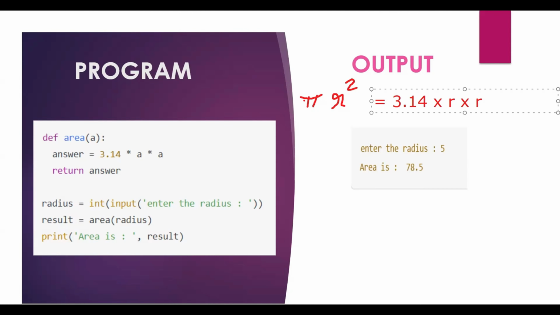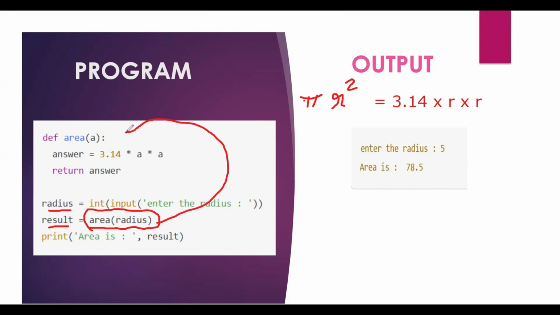into radius, right? So this is the equation to find the area of a circle, okay? If you want to find the area of any circle, you only have to know the radius of that circle, right? So here I am asking the user to enter the radius, and after that I have created a variable result. Result is equal to area of radius. Now you can see this is my function call, right? Whatever value the function is going to return will be stored inside the variable result.